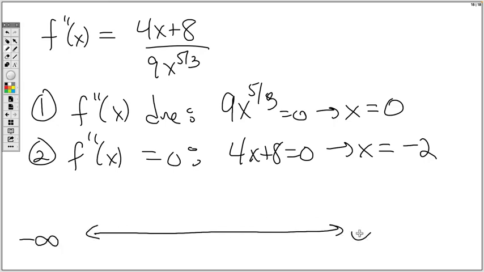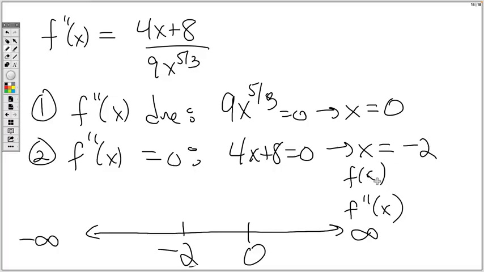And now we're ready to go with the sign diagram. So we're going minus infinity to infinity. We got our x equals 0, and we got our x equals -2. I guess I should put that over here. And we're going to look at the sign of the second derivative and then figure out what that means for the first derivative.